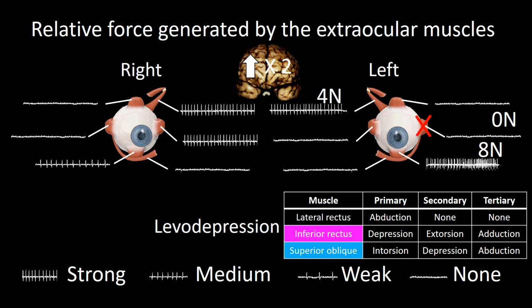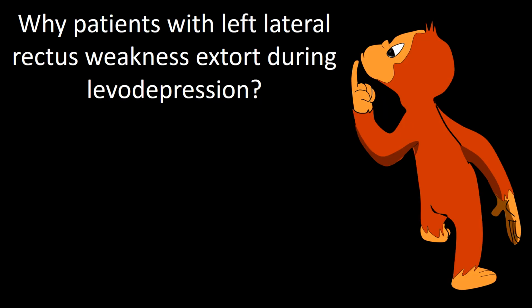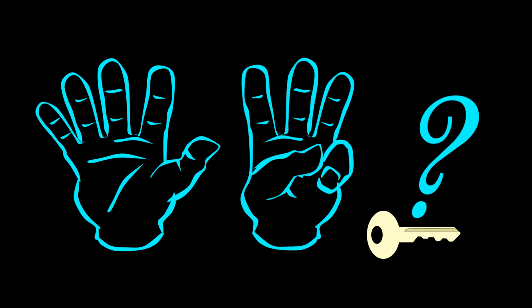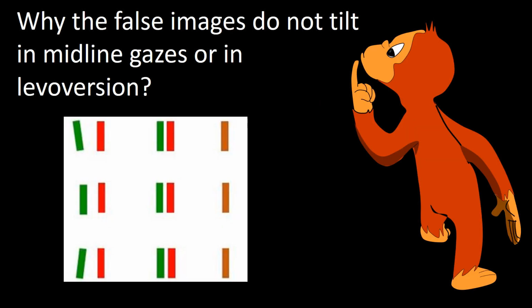Thus, in the presence of a paralyzed left lateral rectus during levodepression, the eye is not only displaced to the middle because of the loss of the strong abductor, but also extorted because of the gain in extorting force. So the answer to this question is because during levodepression, the brain overstimulation of torsional muscles has a higher impact on extortion than intorsion.